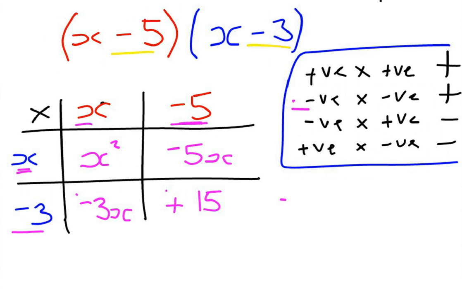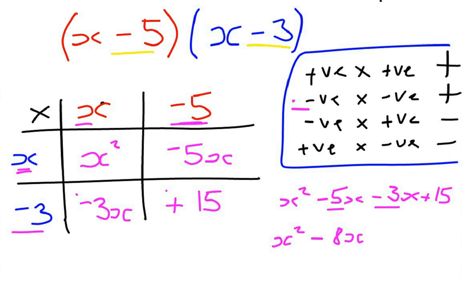So we're going to write that out over here. x squared minus 5x, just copying the boxes across as we did in the last one, take away 3x, add 15. Now remember, we collect our like terms, so we've got our x squared, then we're taking away 5x and we're taking away 3x, so that gives us minus 8x in total, and then we can put in our plus 15, and there we have our answer.